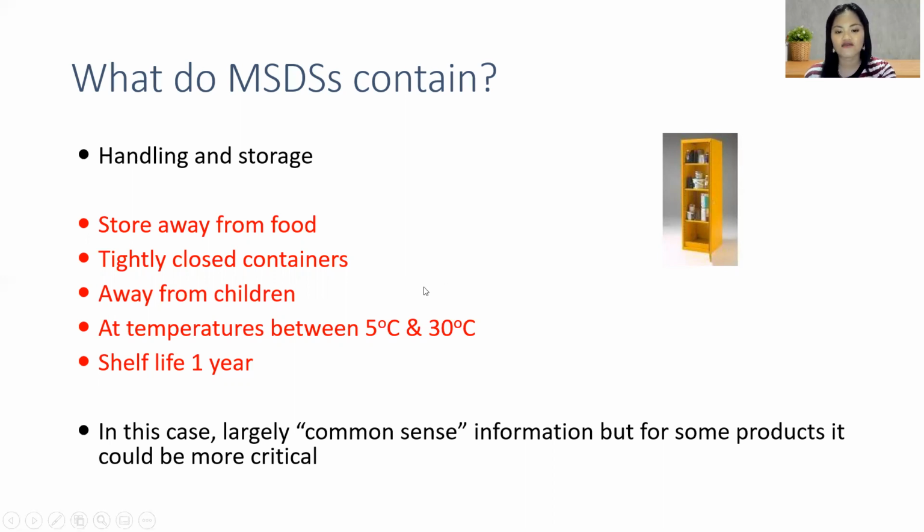Okay, and that's how you have to observe proper storage and handling. So it should also be placed in a temperature between 5 degrees Celsius and 30 degrees Celsius. And the shelf life also is stated, which could be 1 year or more.